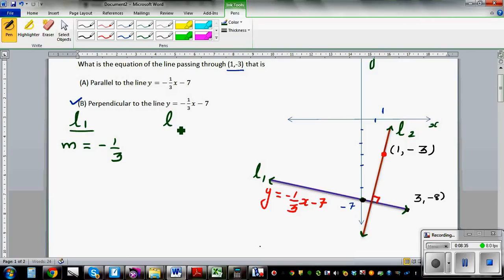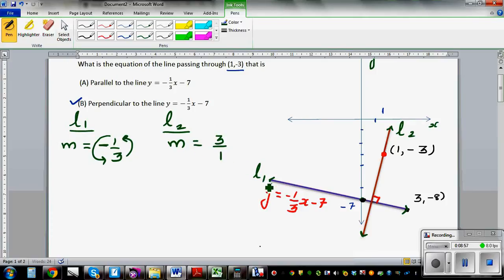Now L2, which is the perpendicular line. To find the gradient of the perpendicular line, you do two things. One is you swap the numbers. So this will go up and this will come down. So the gradient of that line would be 3 over 1.